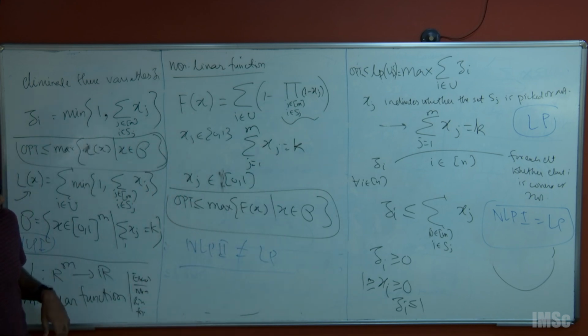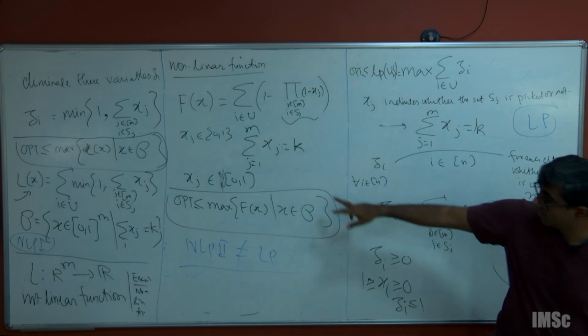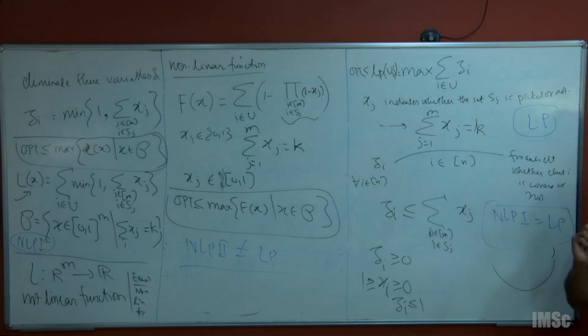But we know how to round it amazingly. You understand it? So what we know is, if you give me a feasible solution to this program, I will round it to an integral solution with the same value, just like our bipartite graph. So what did we prove in the bipartite graph? If you give me a feasible solution to my bipartite matching LP instance, then I can round it to an integral solution of value at least this much.